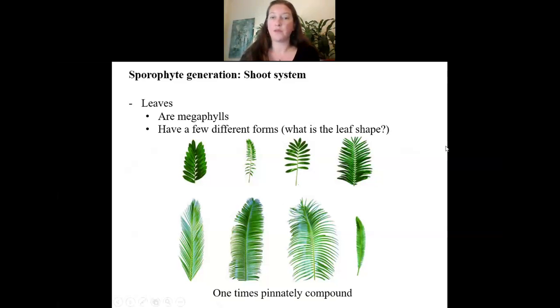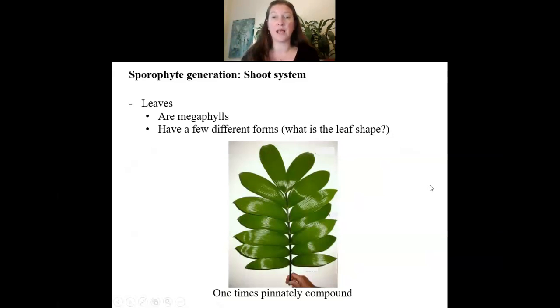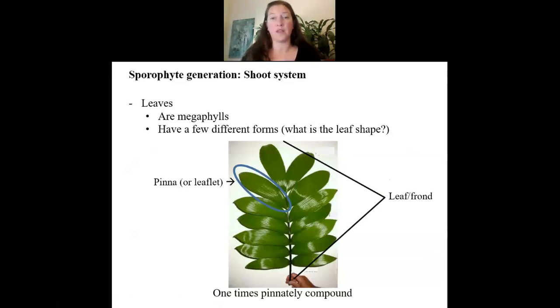Oh yeah, there tend to be once pinnately compound. That tends to be their leaf shape. Here it is again. I think we saw this before in the leaf lab. Just a reminder, that whole thing the person's holding is a leaf. And the little leaflets are what we call pinna.